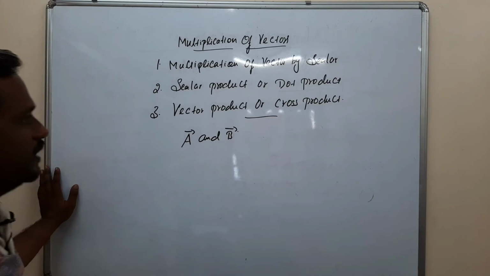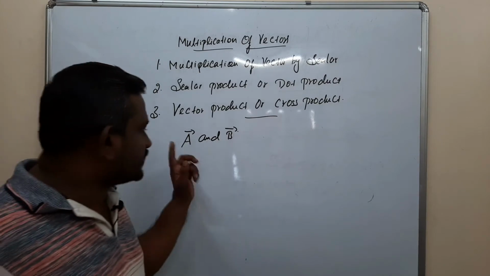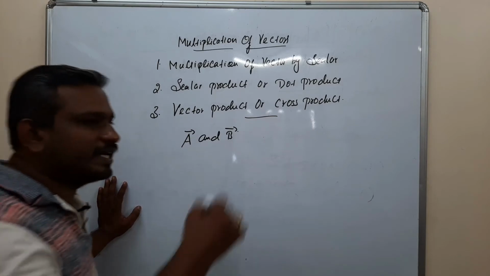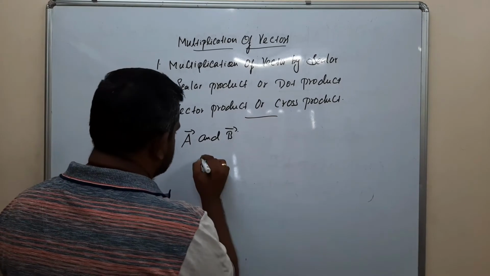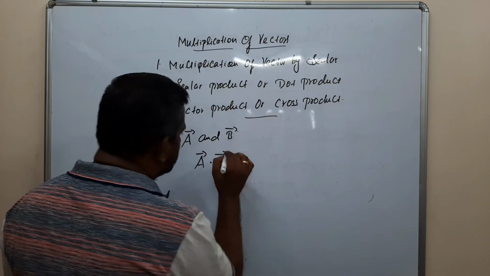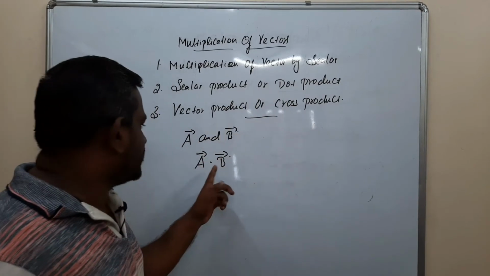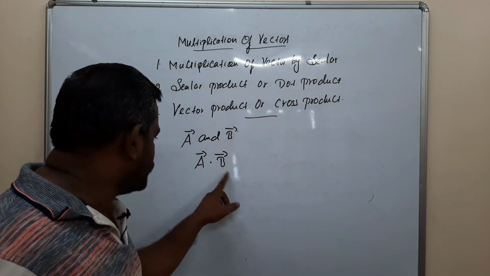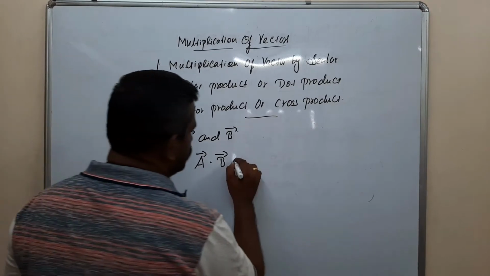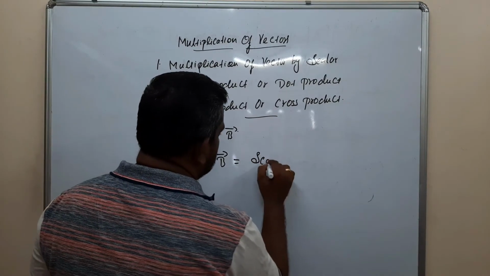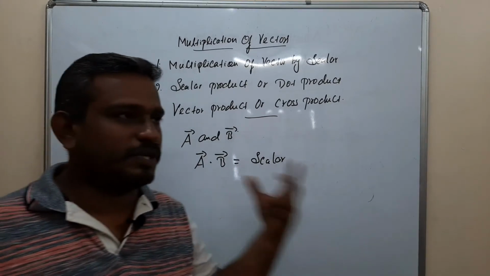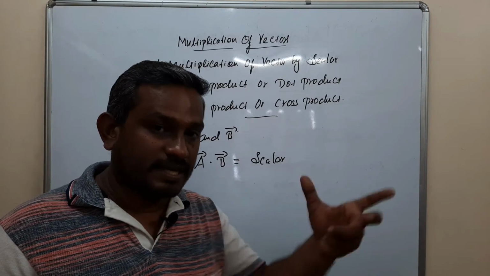If you multiply two vectors using this scalar product method, you will get a scalar only, that is A vector dot B vector. That's why it is called a dot product. You will get the result as a scalar, not a vector.